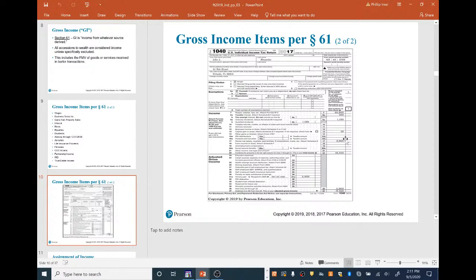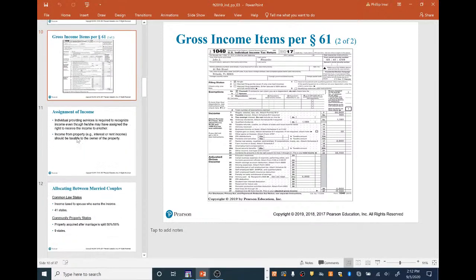Okay, the 2000 is from rental real estate. So we can get an idea of where these items are going to punch into on the Form 1040 for the individual income tax return. So that's all that is, just a little snapshot to give you an idea of what it would look like in actual practice.